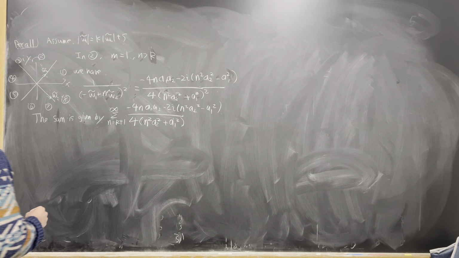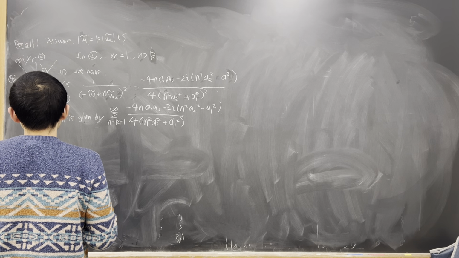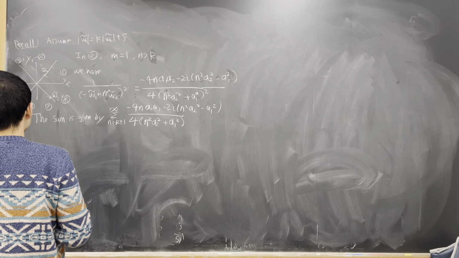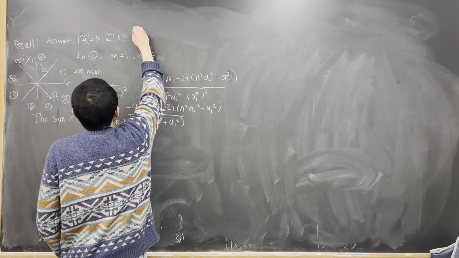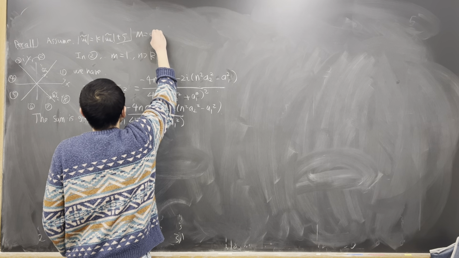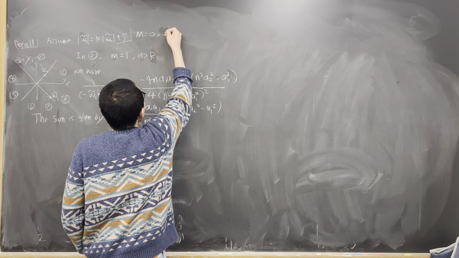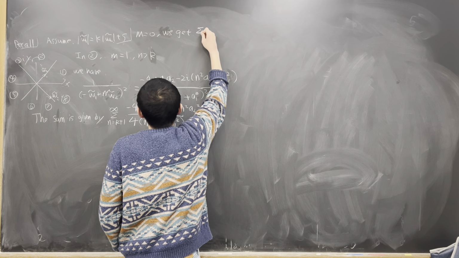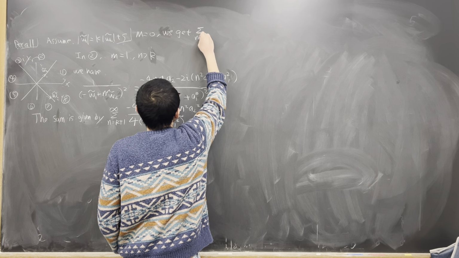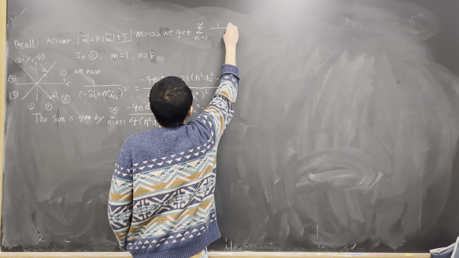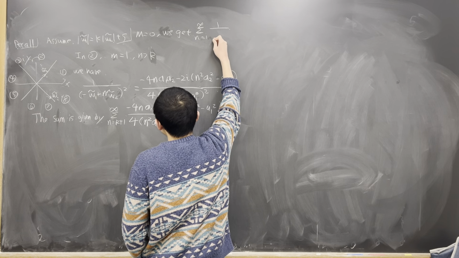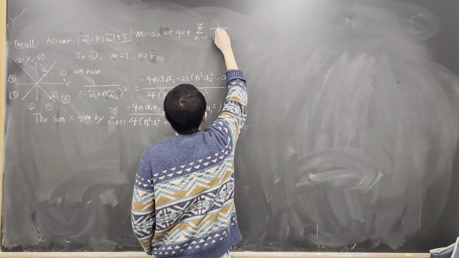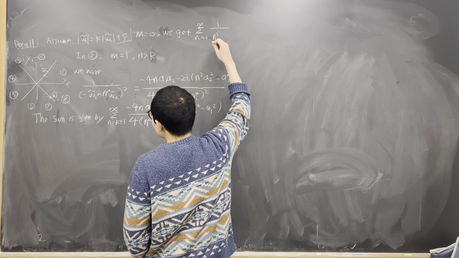There is a case where m equals 0, right? When m equals 0, this is just the sum of this omega 2, so just n squared omega 2 squared, right?